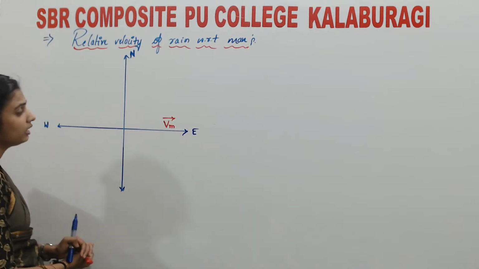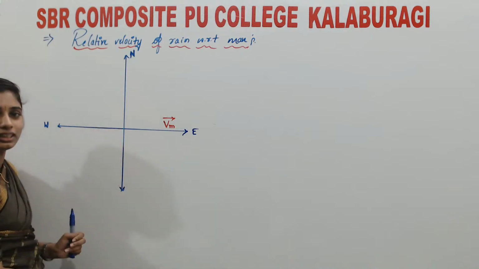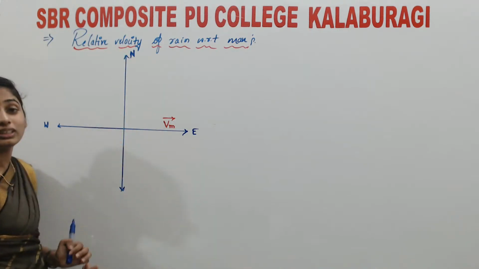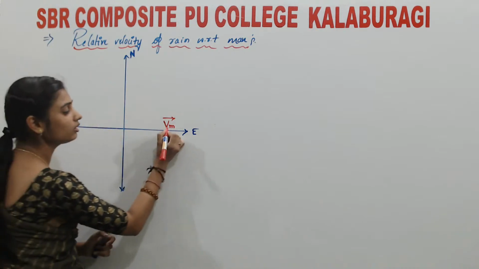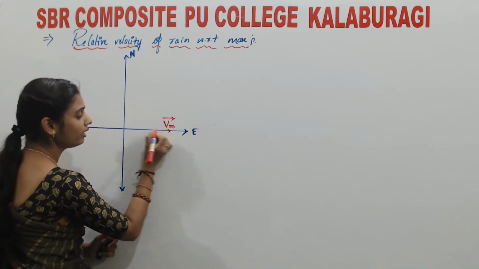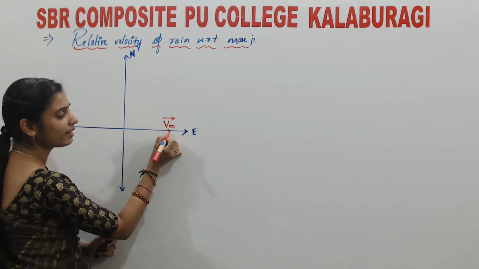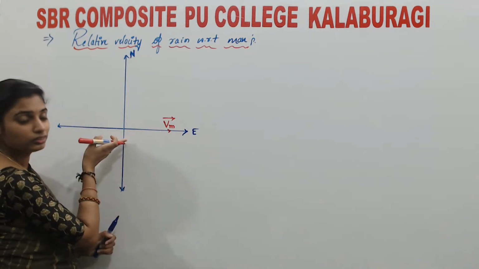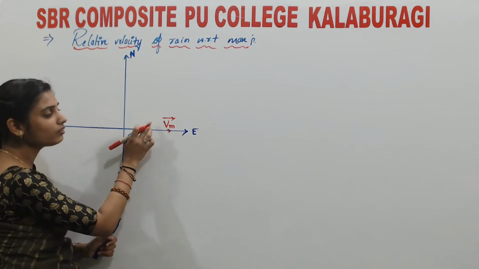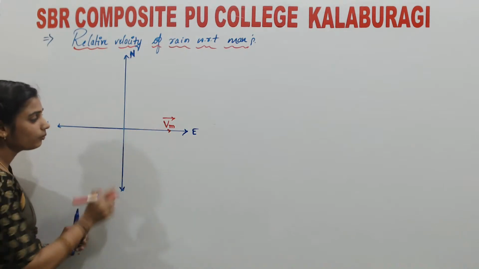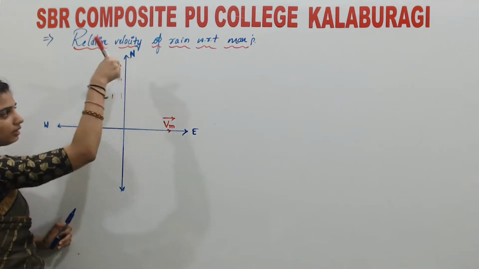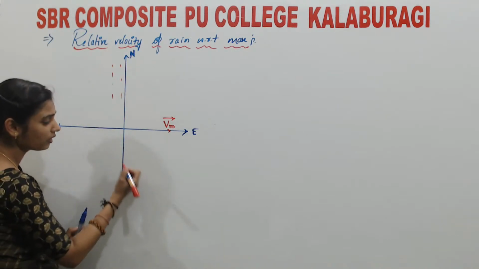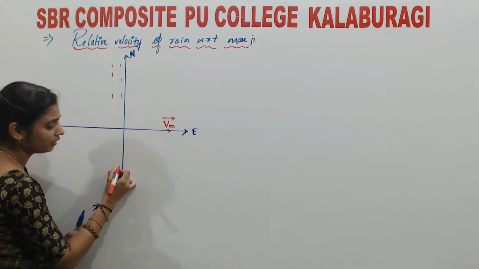Now the rain is falling, isn't it? The rain is falling vertically downward. This is towards east, the direction of the man. So the man is moving towards east with velocity vm, and the rain is falling vertically downward like this.